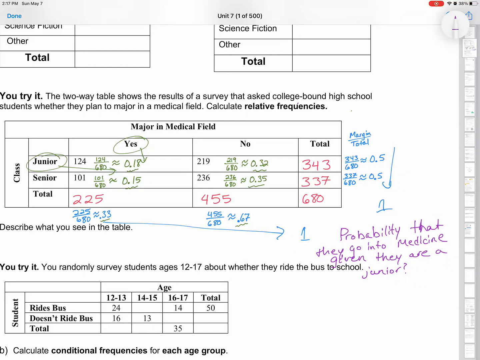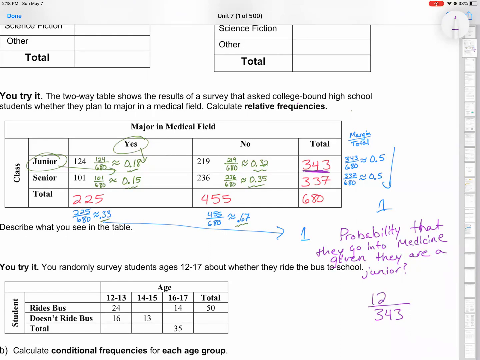So we know the fact that they're a junior, like there's no refuting it. They are a junior. So there are a total now of 343 juniors. So this now becomes the new total. This is what we call a conditional probability with the table. So there are a total of 343. And 124 of those juniors wanted to go into the medical field.